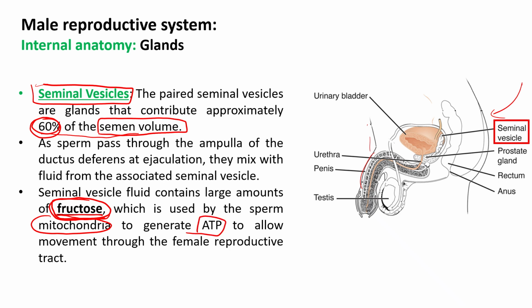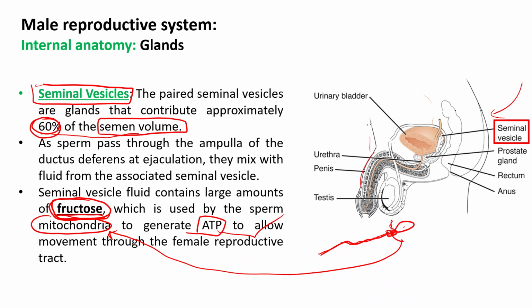I'm kind of moving ahead, but the general shape of a sperm will look like this. The sperm has a head, a body, and a flagellum, which is a tail. In the body of the cell, you have a bunch of mitochondria, which are like little engines that produce ATP. But in order for the mitochondria to produce ATP, you need the fuel.